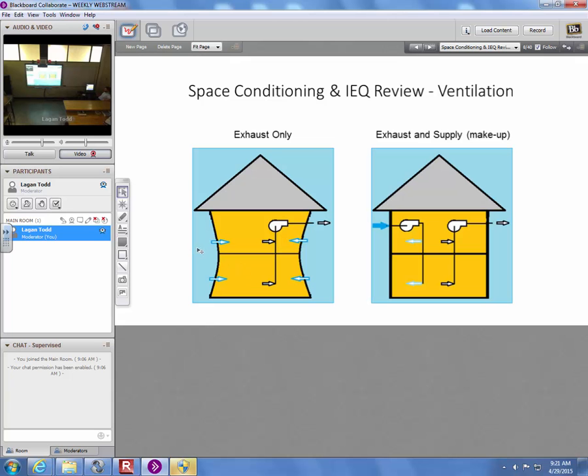And to the degree that you have a tighter envelope, well, I guess what I want to say here is that if a fan is nominally sized for 120 CFM, that doesn't mean that no matter what, when you turn that fan on, it's going to move 120 CFM. That's a nominal sizing.